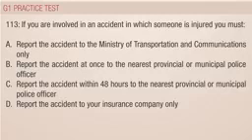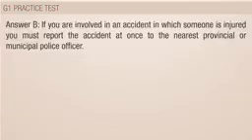C. Report the accident within 48 hours to the nearest provincial or municipal police officer. D. Report the accident to your insurance company only. Answer B. If you are involved in an accident in which someone is injured, you must report the accident at once to the nearest provincial or municipal police officer.